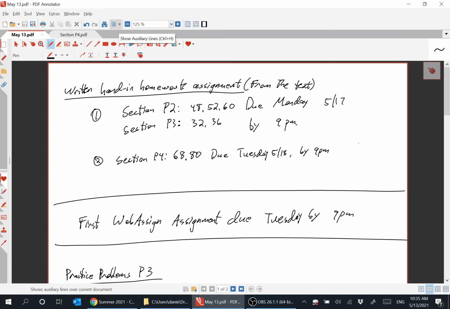Section P4, well, we'll leave that on Tuesday. And then the WebAssign assignment, we'll just make it Wednesday, it's fine. So this will be due Wednesday. Can you share your screen? Yeah.